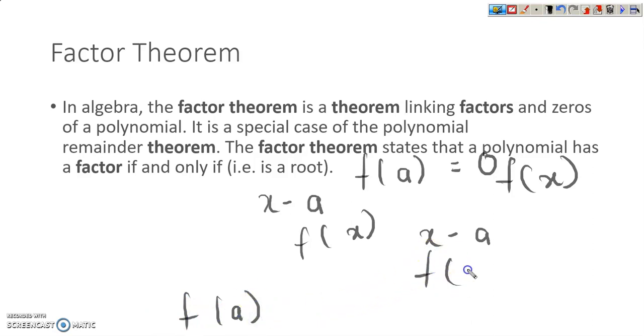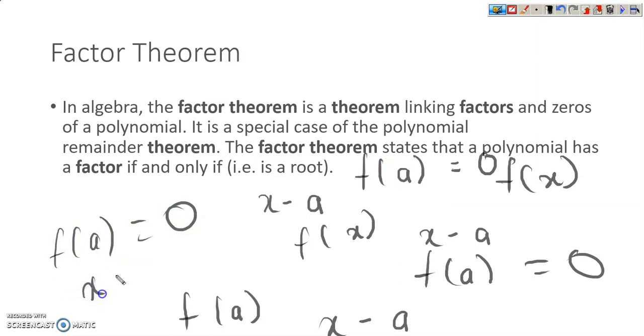If f(a) is equal to 0, then x minus a is a factor. Otherwise, it's not a factor. Only if f(a) is equal to 0 will x minus a be a factor of this. Otherwise, x minus a is not a factor.